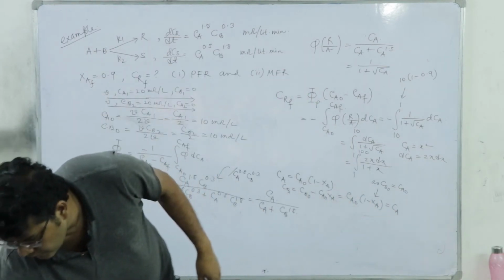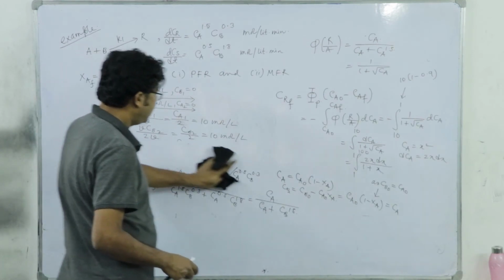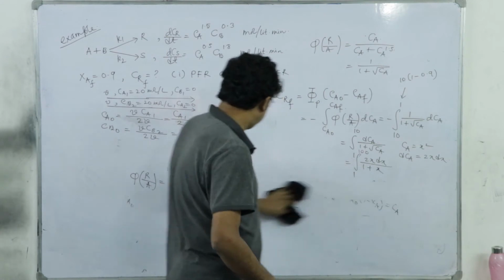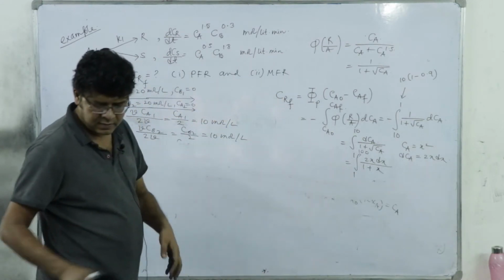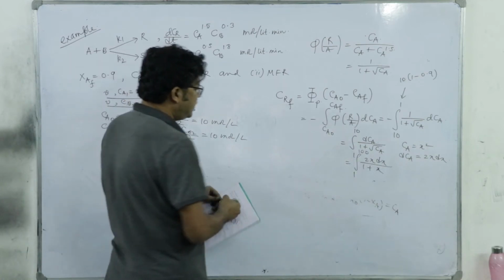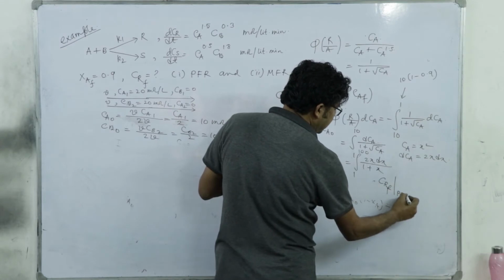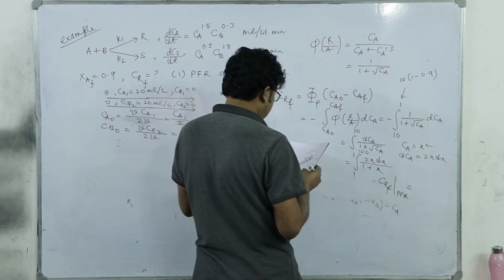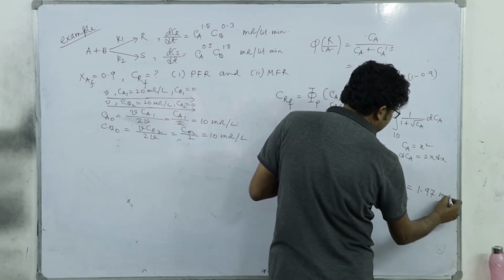Now, if we repeat the same problem in the case of CSTR, what will be the change? Here CRF for the PFR outlet comes to be 1.47 mole per liter.